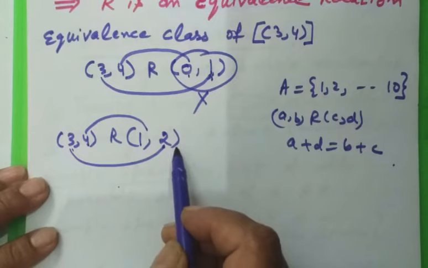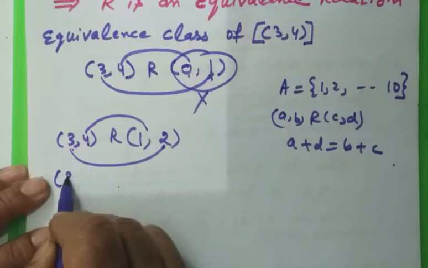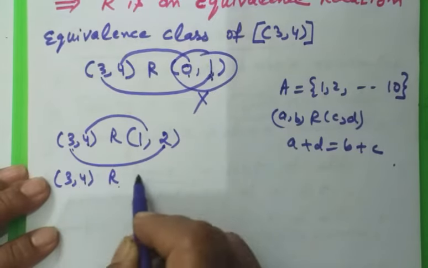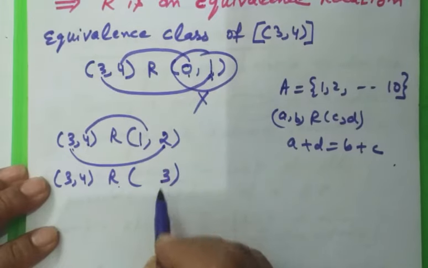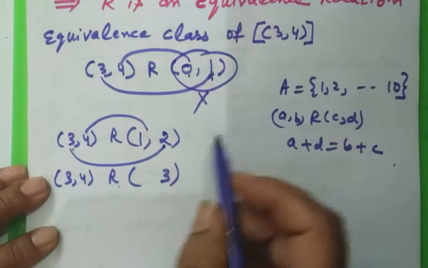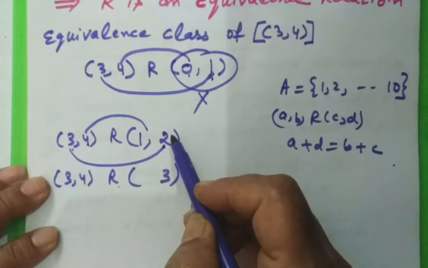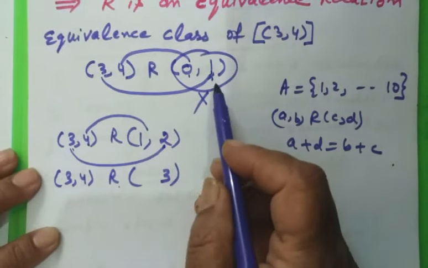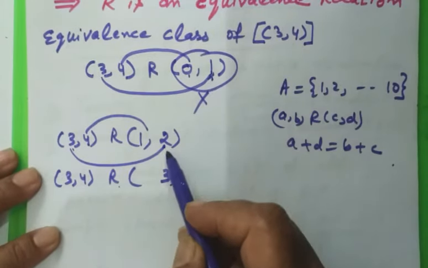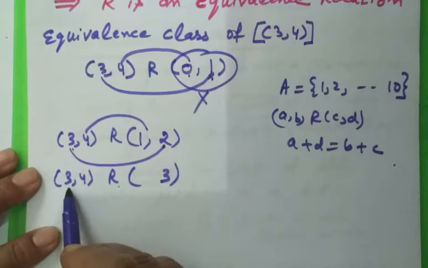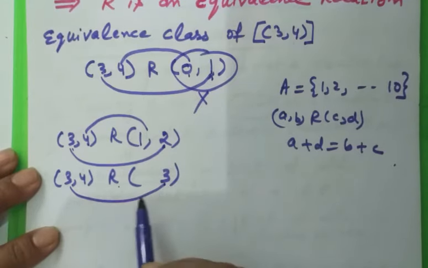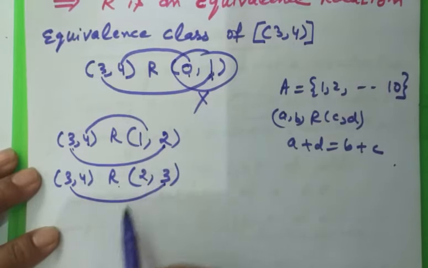So one element related to 3, 4 is 1, 2. Like this we shall keep writing all the numbers. From 1 it was not possible. Now if I write 3 here, 3 plus 3 is 6, 4 plus 2 is 6.